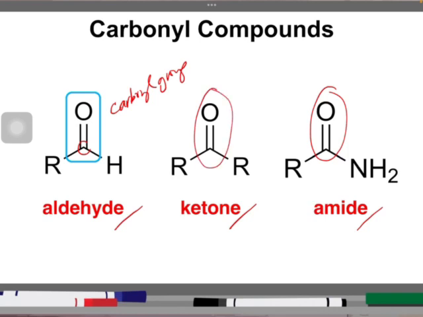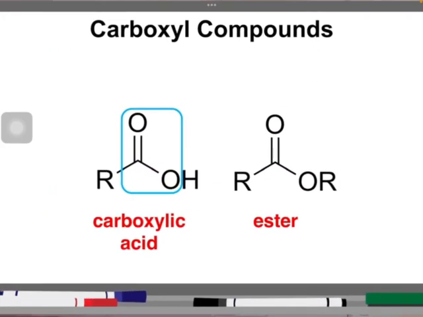On the other hand, when you say you have a carboxyl compound, then you have this C double bond O and O. Take note how I describe the bond. So we have C double bond O and O. If you have that particular part of the structure, then you call that your carboxyl group. So, why is it called a carboxyl group?